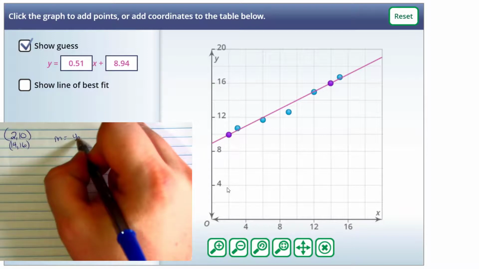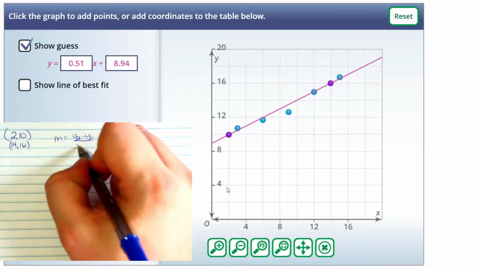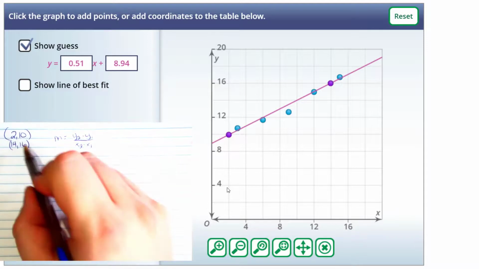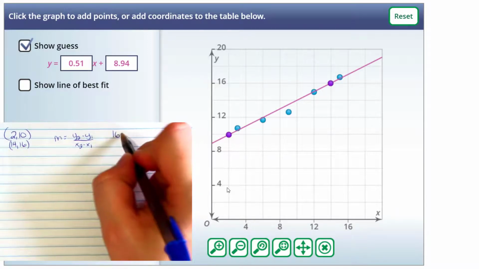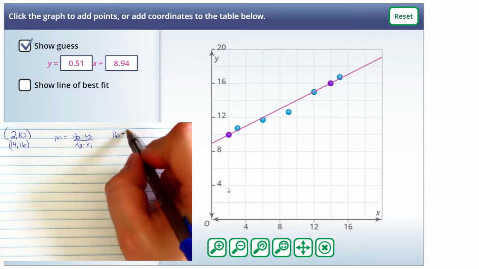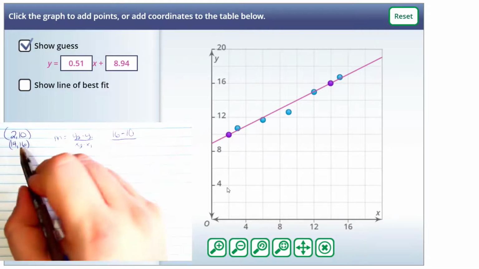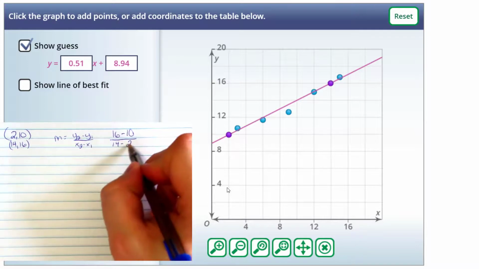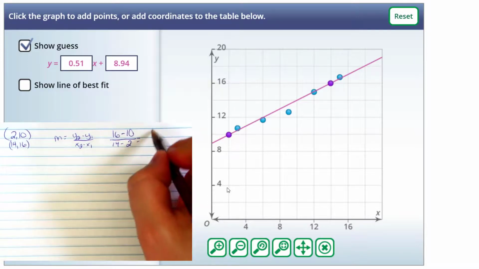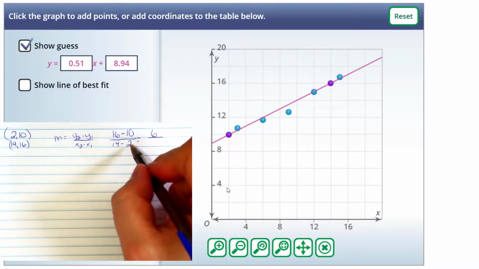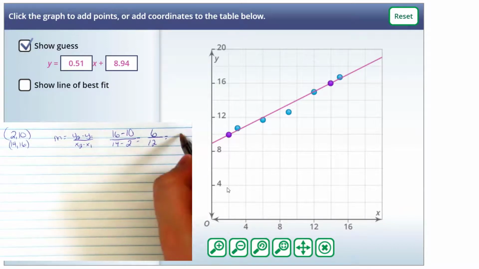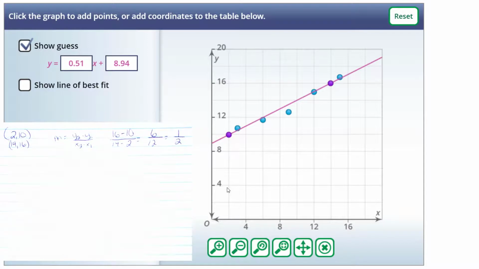M is equal to y2 minus y1 over x2 minus x1, where my y2 value is 16 minus my y1 value of 10 over my x2 value of 14 minus my x1 value of 2. So 16 minus 10 gives us 6. 14 minus 2 gives us 12. And that's going to simplify to 1/2.